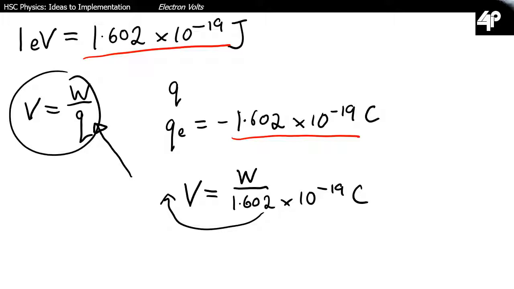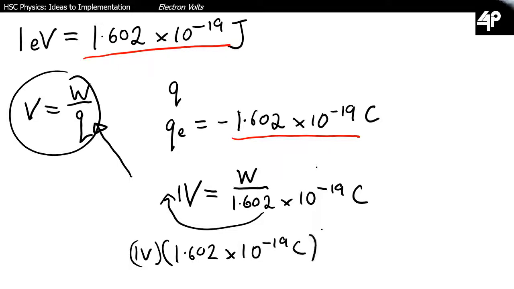Okay, so in this case, the work done, because if we have 1 volt, then that takes a value of 1. So 1 volt multiplied by 1.602 times 10 to the negative 19 coulombs. You'll see that we've taken off the negative sign here because it's not needed. And this is going to give us an amount of work, in other words, work in joules.